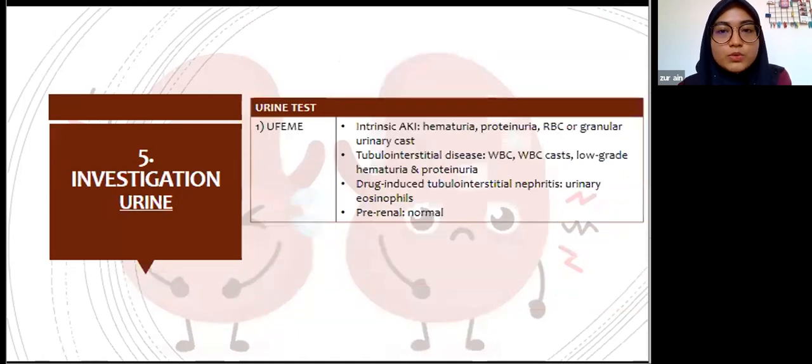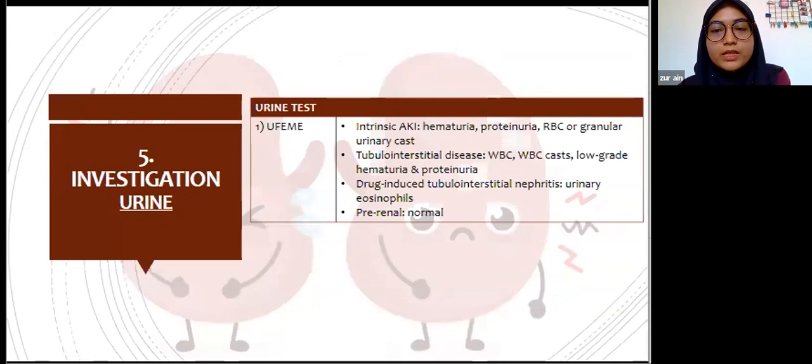Next is urine investigation, or urinalysis, or UFEME. Basically, the presence of hematuria, proteinuria, and red blood cell casts usually suggests renal or intrinsic AKI, such as glomerular disease.